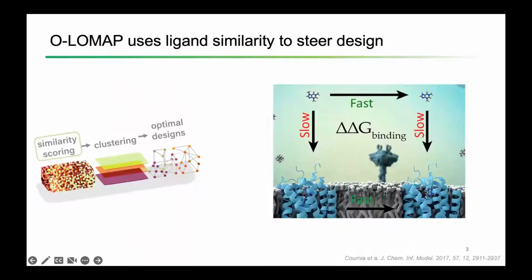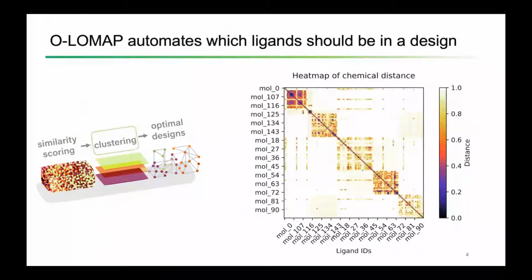So the first thing that we do is import a generalized similarity metric. The default is the LOMAP similarity scores, and that's based on what transformations are likely to perform well for relative binding free energy calculations. And then we use unsupervised machine learning to perform clustering, and that's to address the question of which nodes should be coupled together in a design.